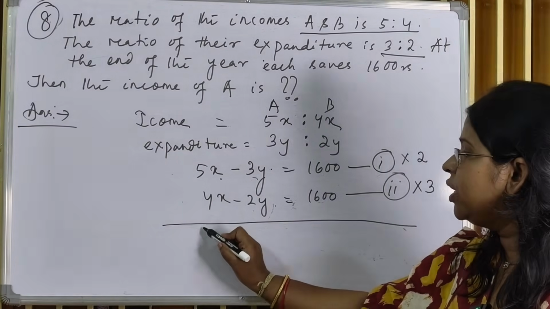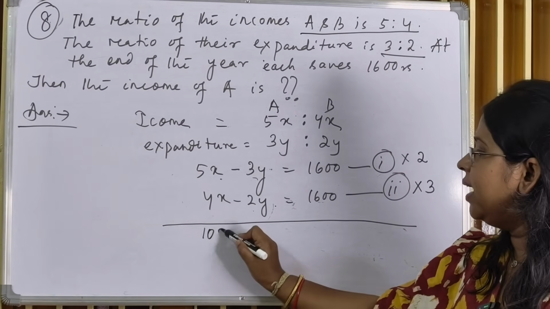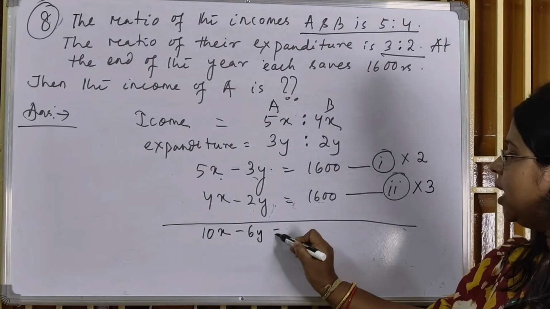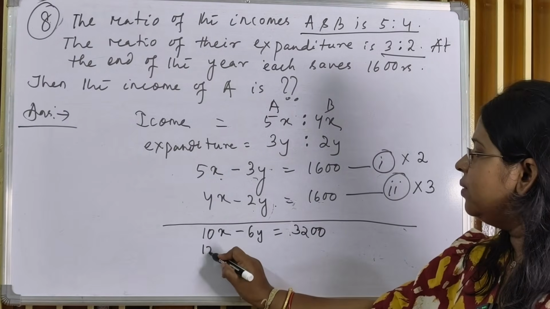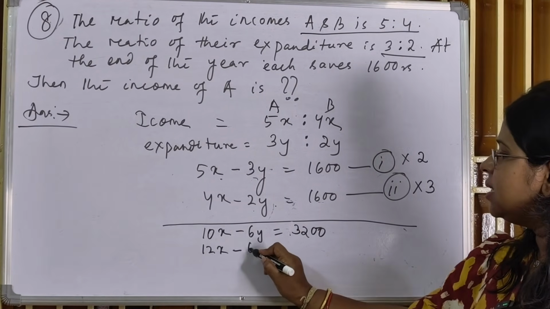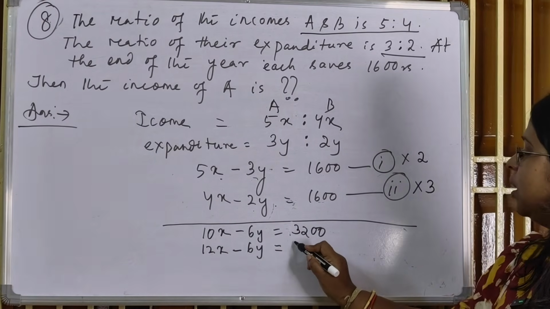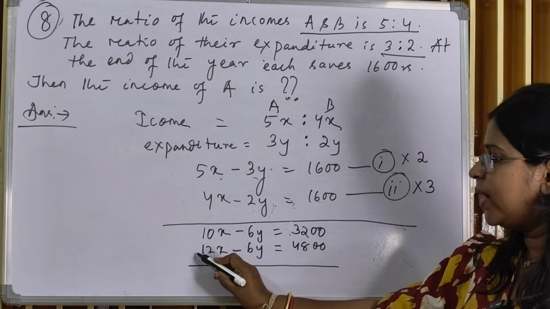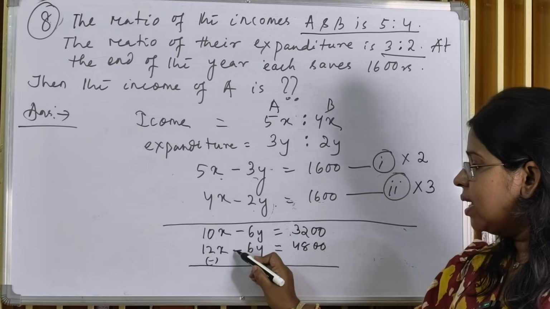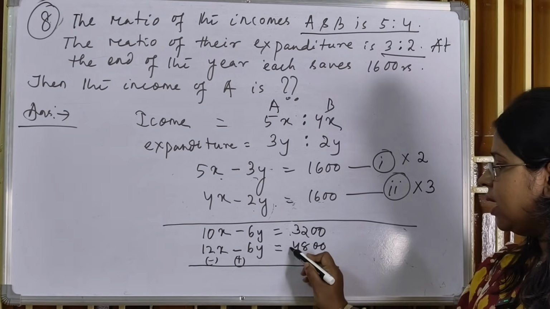So now the new equations would be 10x minus 6y equals 2200 and 12x minus 6y equals 4800.